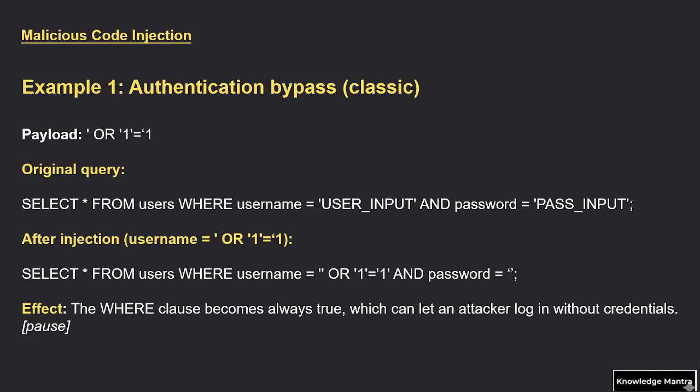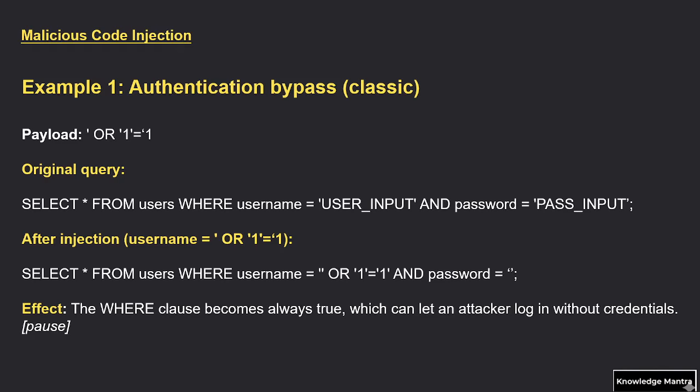Okay, so we have taken the example of a query where we have SELECT * FROM users WHERE username equals user input and password equals password input. Now what does that query mean? This is the original query through which we have instructed the database.